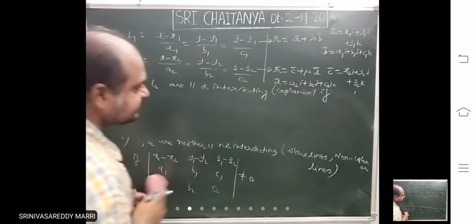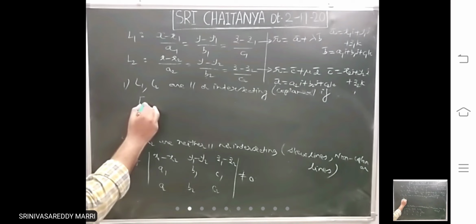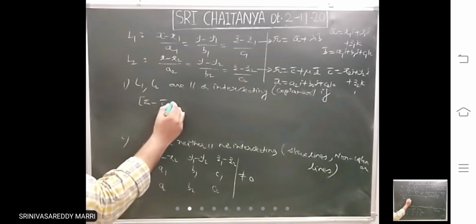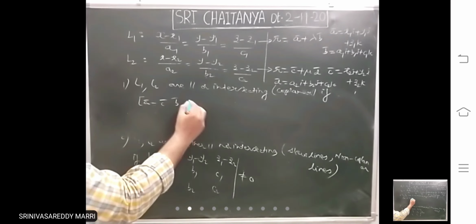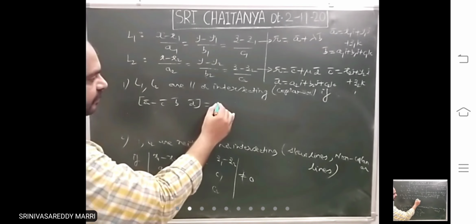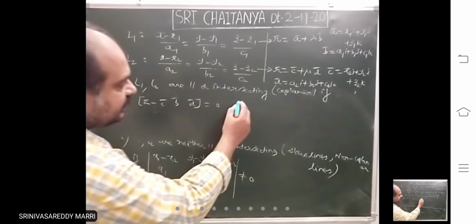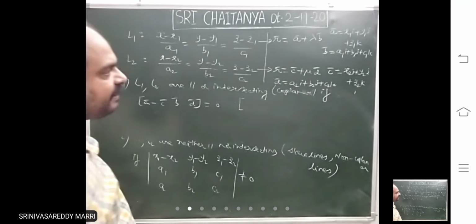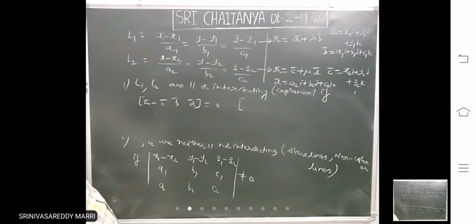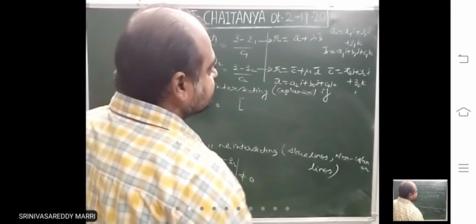So for this condition, box of A bar minus C bar, B bar, D bar equals 0 in vector form. That means box of A bar minus C bar, B bar, D bar. A bar minus C bar means what?